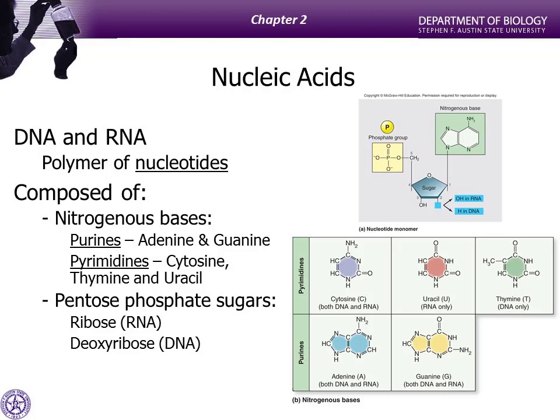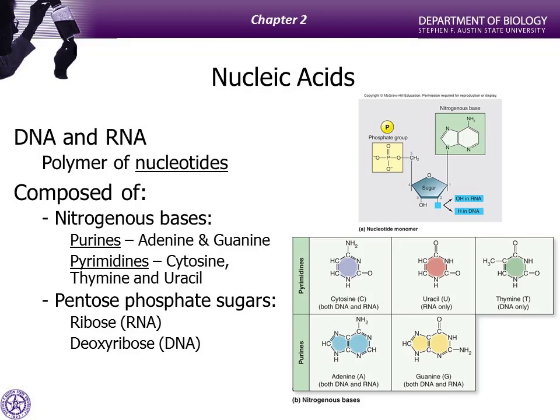But the important part that we think about are the bases. And we see the base, the nitrogenous base, a lot of nitrogen is present here. And so it's the nitrogenous bases that we pay attention to when we talk about nucleic acids, because it's going to be those bases that hold your two DNA strands together, but it's those bases that make up the code.